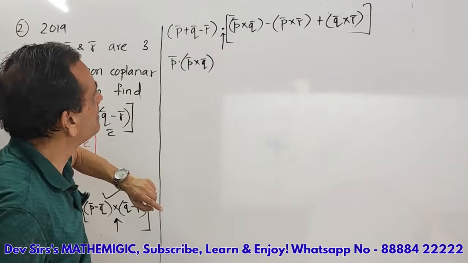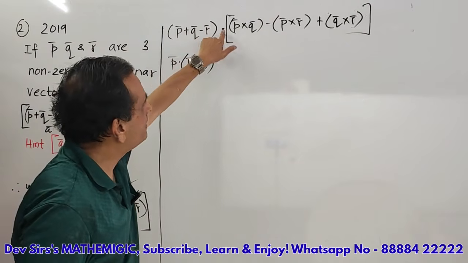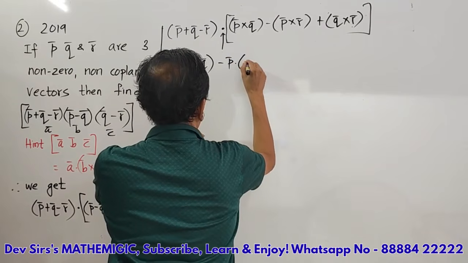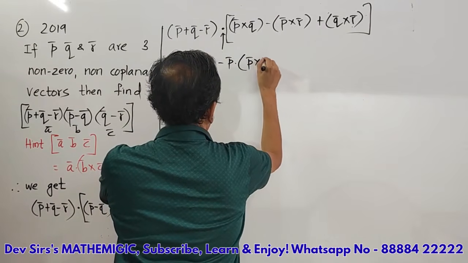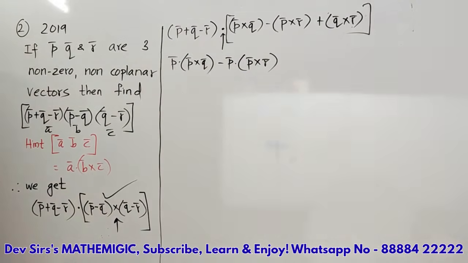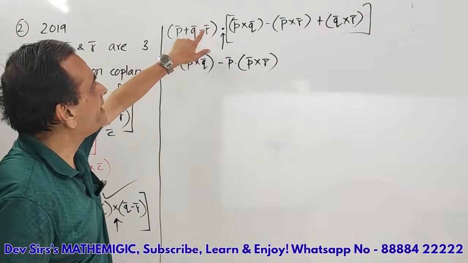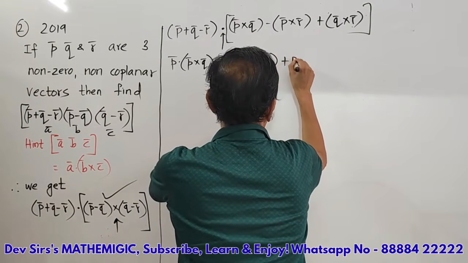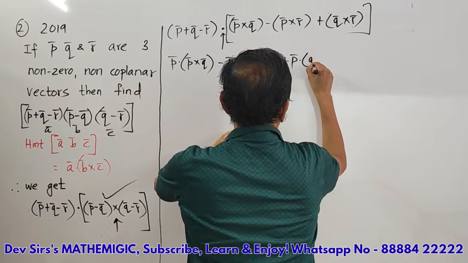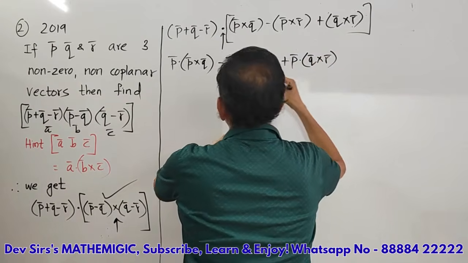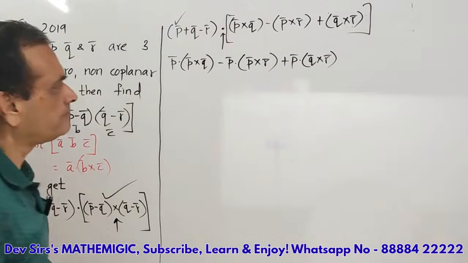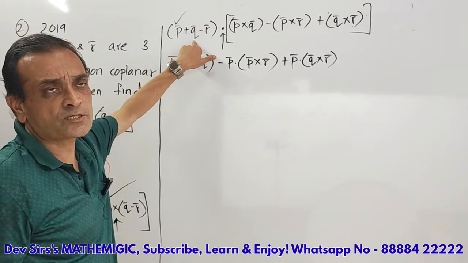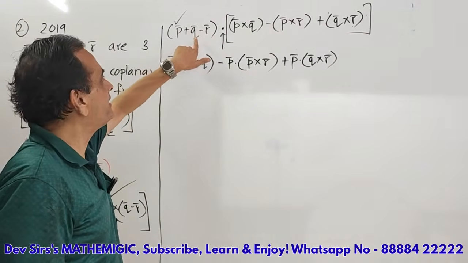Minus P dot P cross R. P dot Q cross R. P का काम खत्म हो गया. आगे जाओ. Open up the brackets by using dot product by using vector q bar now.